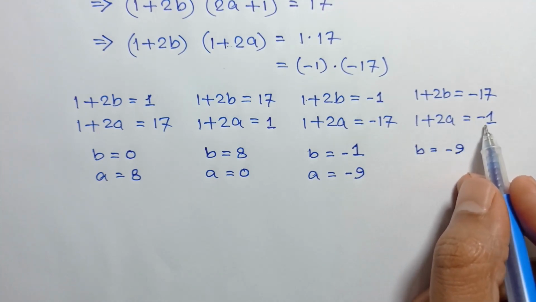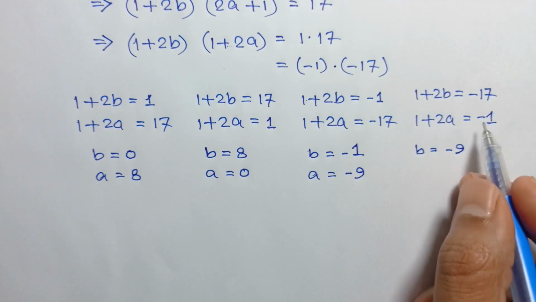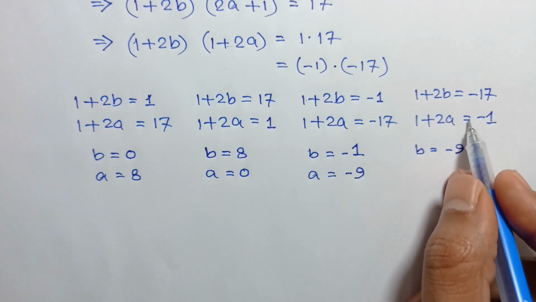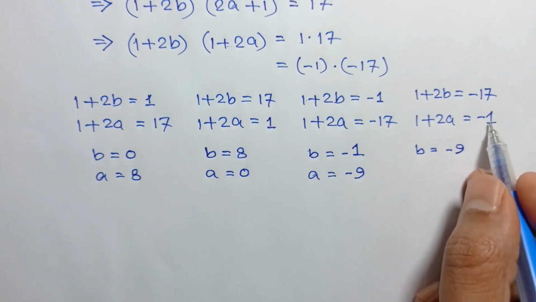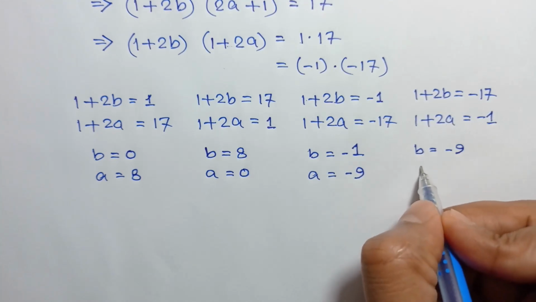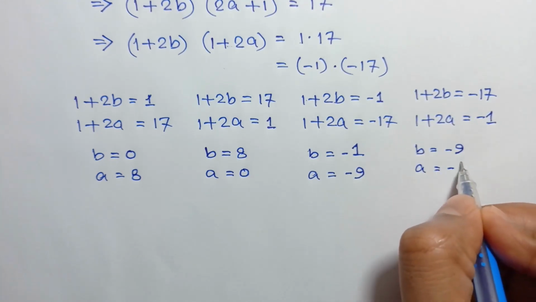And from here, taking this 1 to the right side, we will have 2a is equal to negative 1 minus 1 is negative 2, and dividing both sides by 2, we will have a is equal to negative 1.